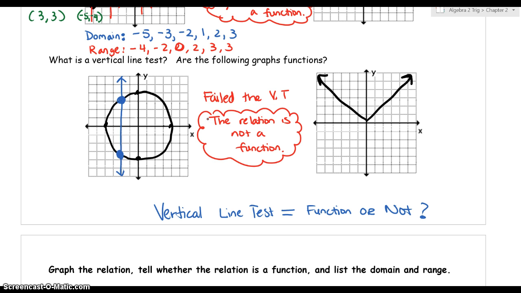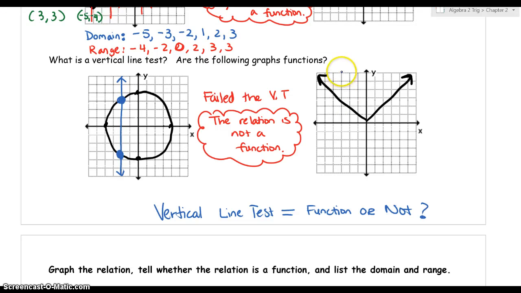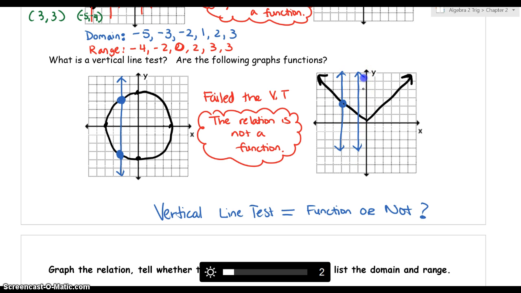All right, let's look at the next one. Let's run the vertical line test on the next one. I'm going to draw a line. I got one line, one point. I'm going to draw another line. One line, one point. Draw another line. One line, one point.